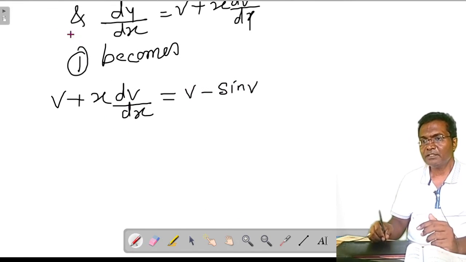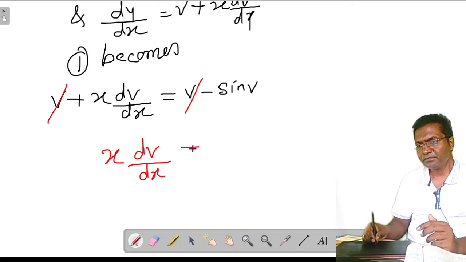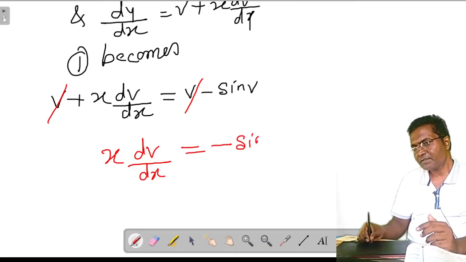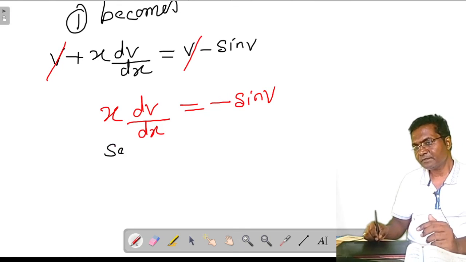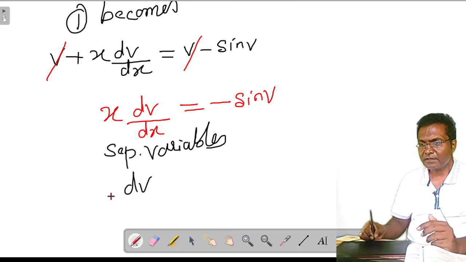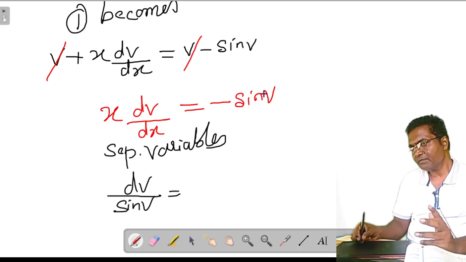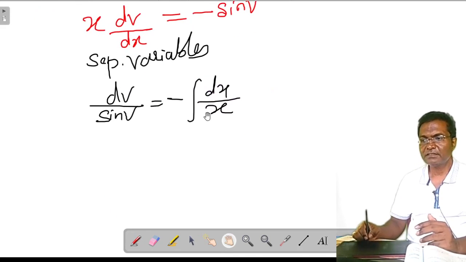Okay, very simple. Now on both sides you have v, so you can remove this v. So x dv by dx equals minus sine v. Now separate the variables. Separating variables, dv by sine v, there is only one term with sine v, so keep minus as it is, equals minus integration dx by x.